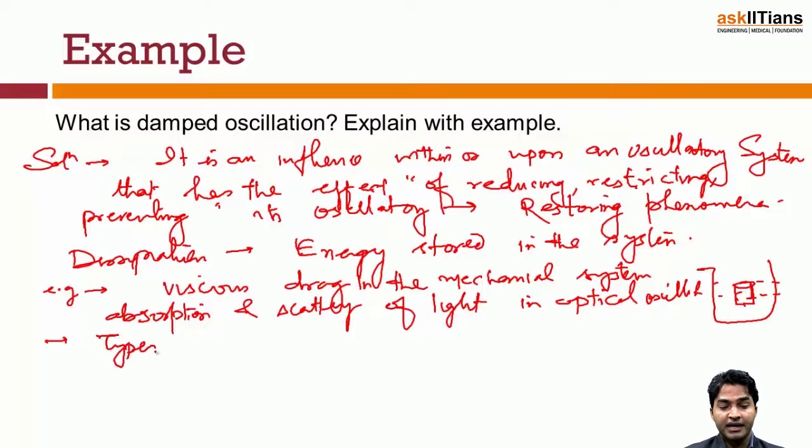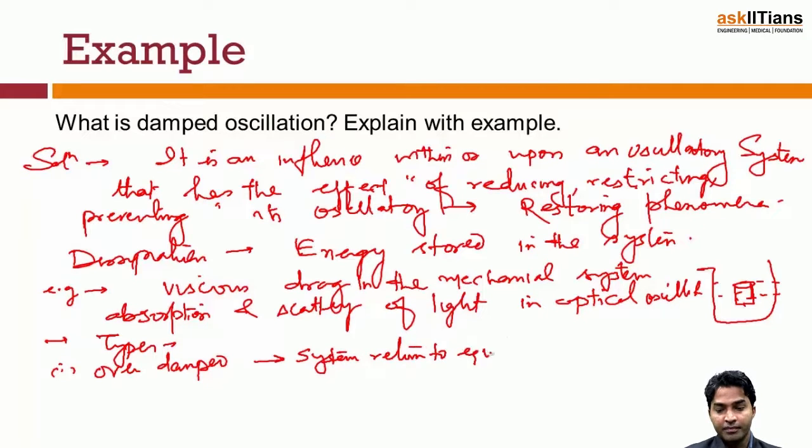Its types can be discussed. The first type is overdamped. In the case of overdamped, what happens? The system returns to equilibrium without oscillating.